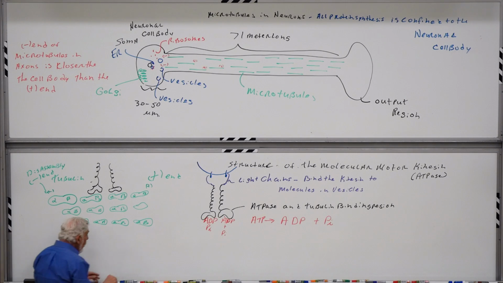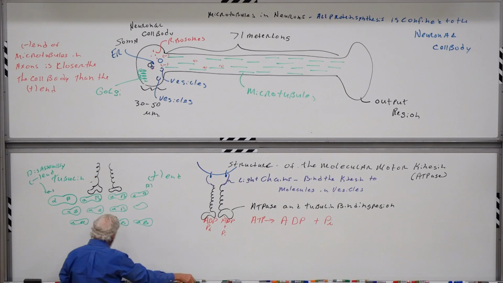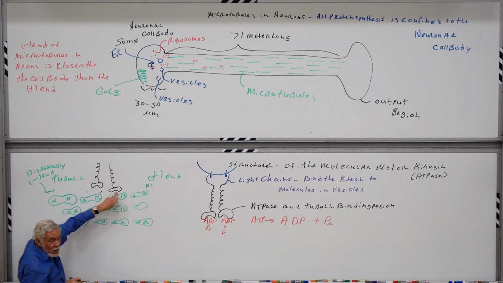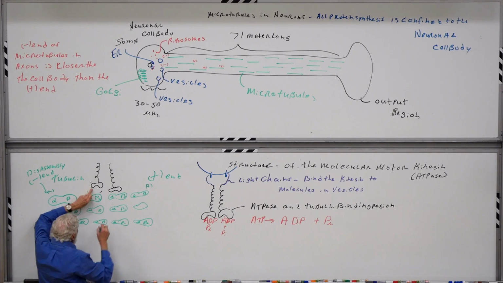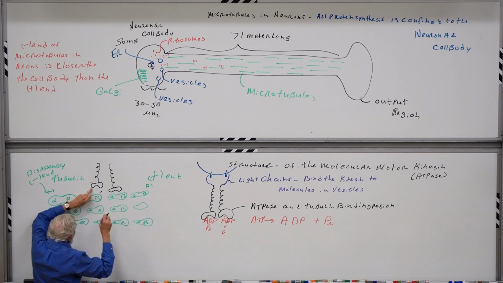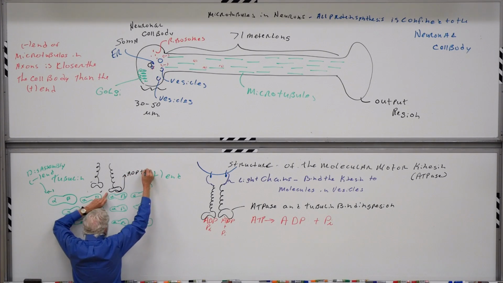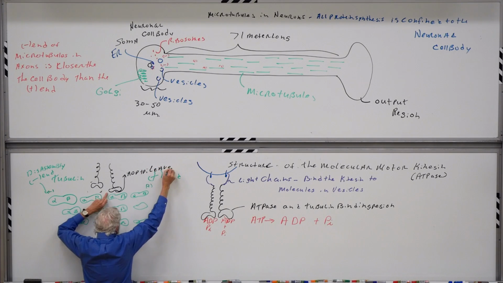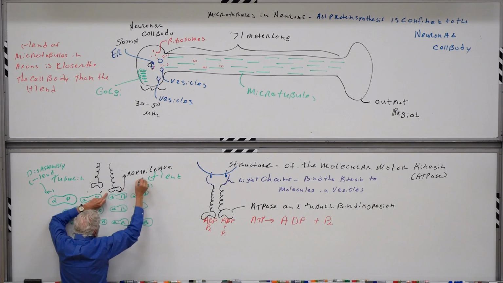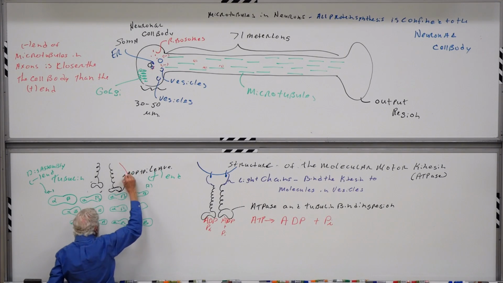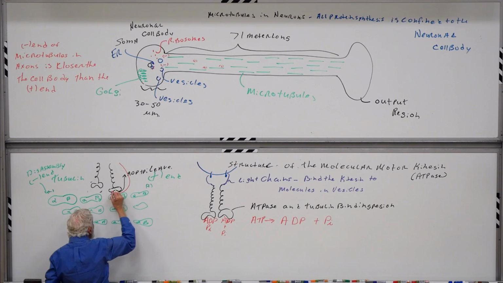At that point, once they're stuck, and in fact, more accurately, I should draw this as this guy hanging out in space a little bit and this one attached. Then what will happen is that at this site, ADP and Pi leave. And it's now replaced by a molecule of ATP.